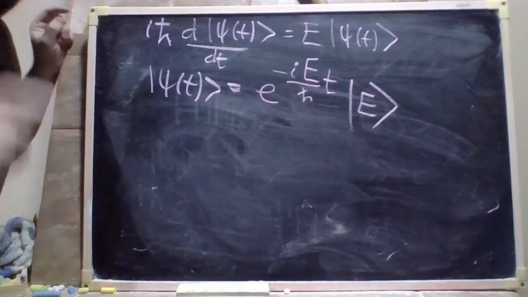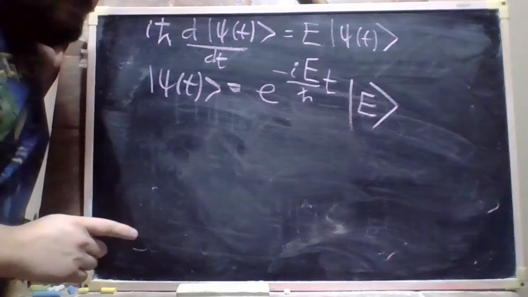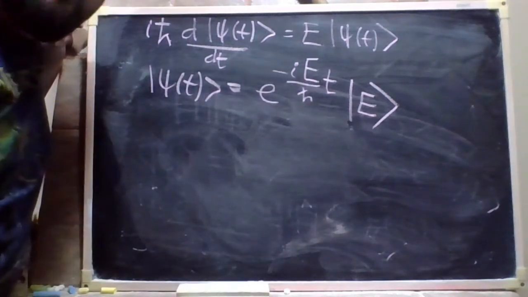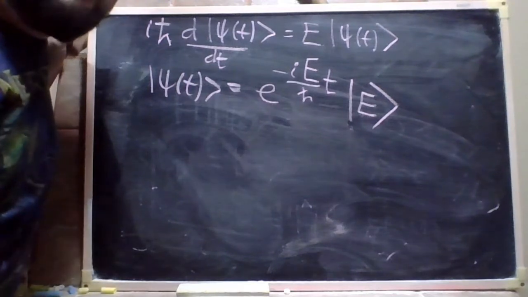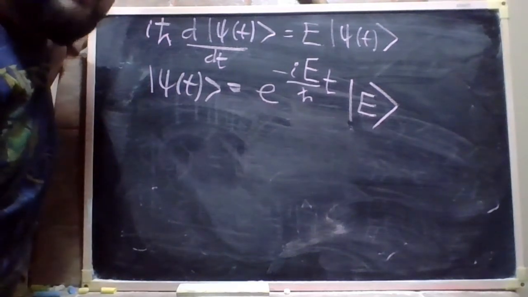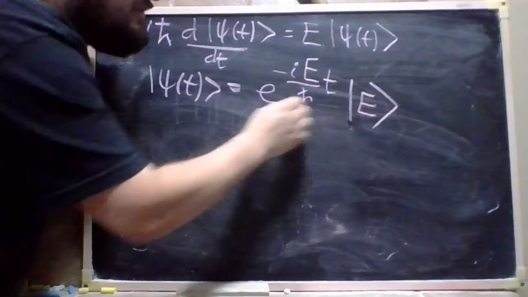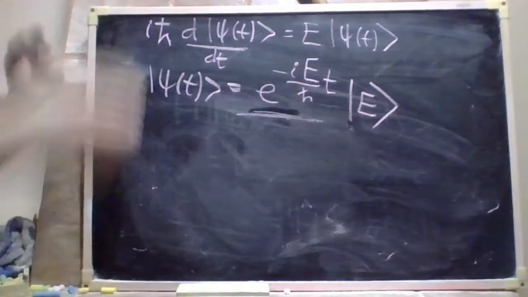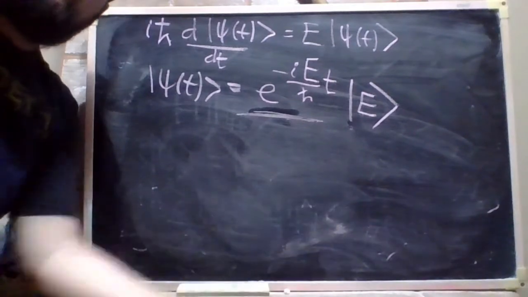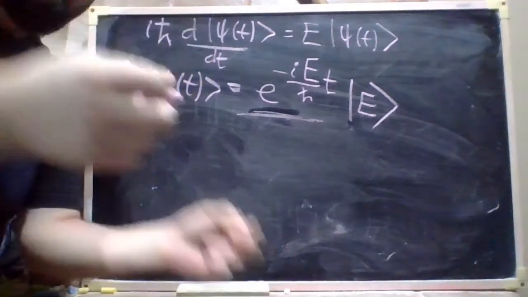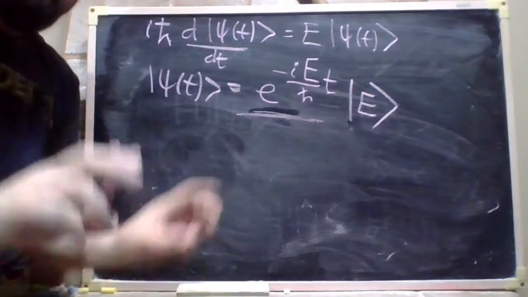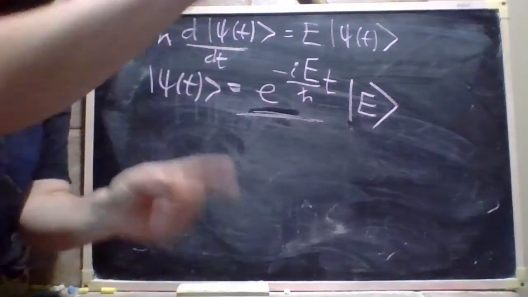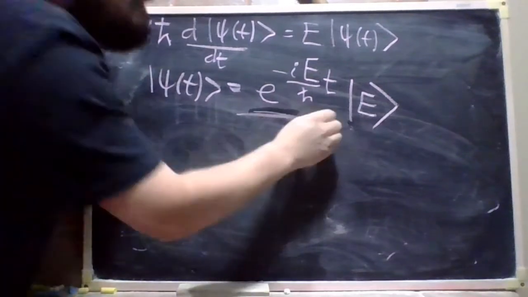So a system in an eigenstate of the Hamiltonian, an energy eigenstate, just changes by a phase factor. It does not really rotate in Hilbert space. It just rotates somewhat in the complex plane, but it's just a phase, all right?